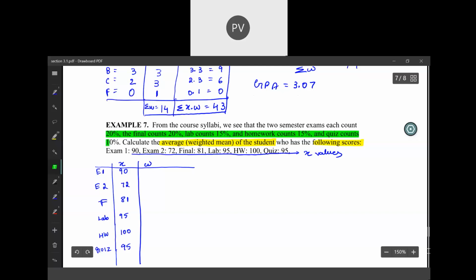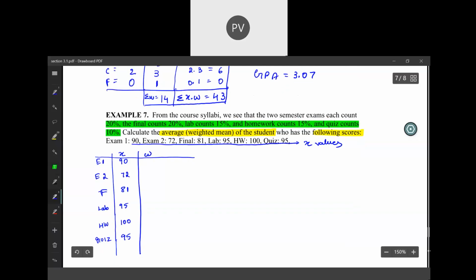These are the weights. So exams each count 20%, right? So these three are the exams which count 20%. Now the weight is 20%. You are not supposed to write it as a percent. So 20% converted into decimal gives me 0.2. So I'll write 0.2 here.